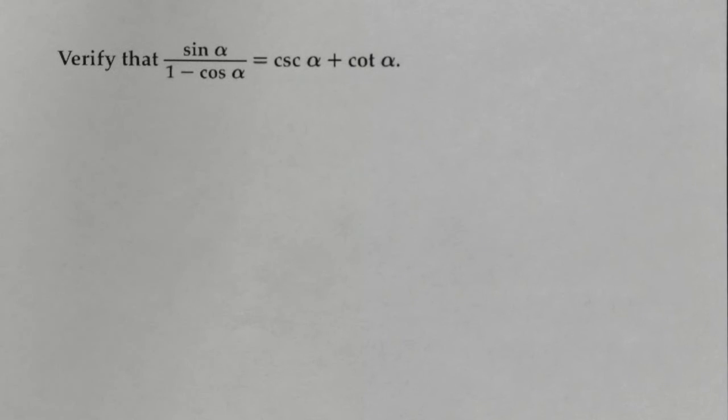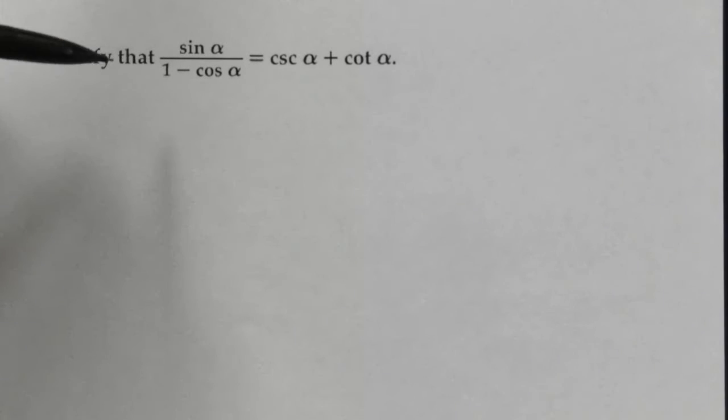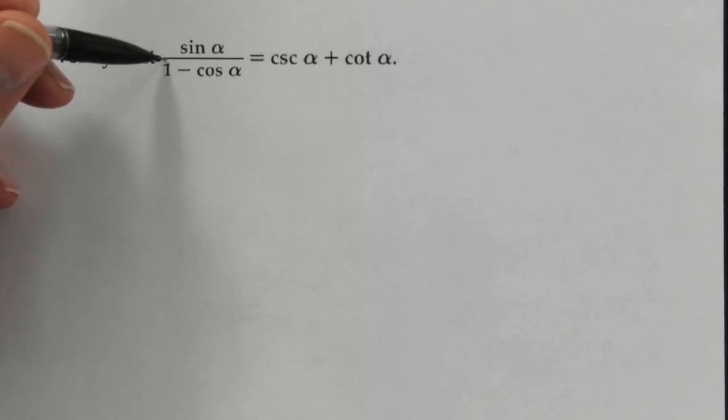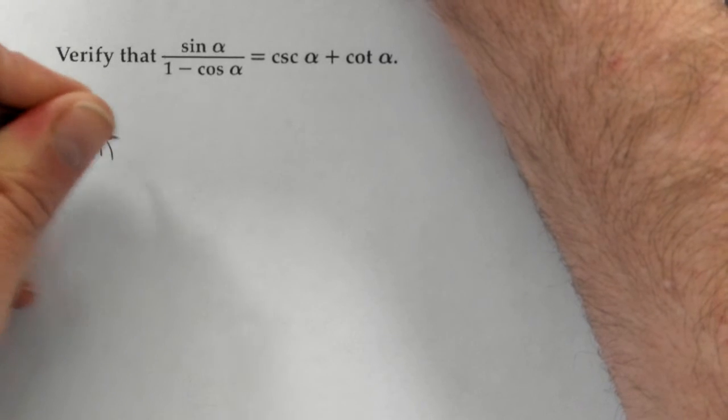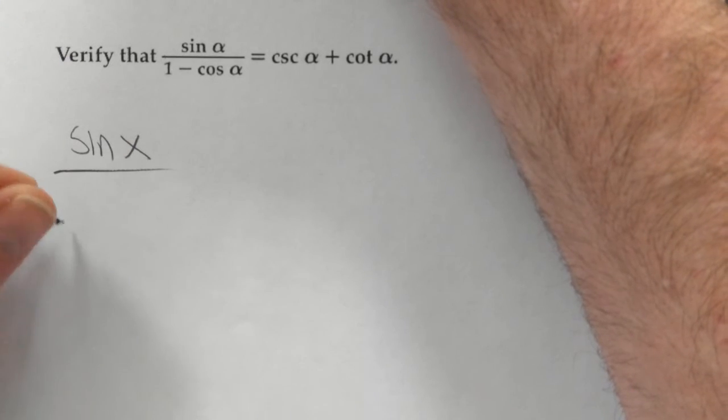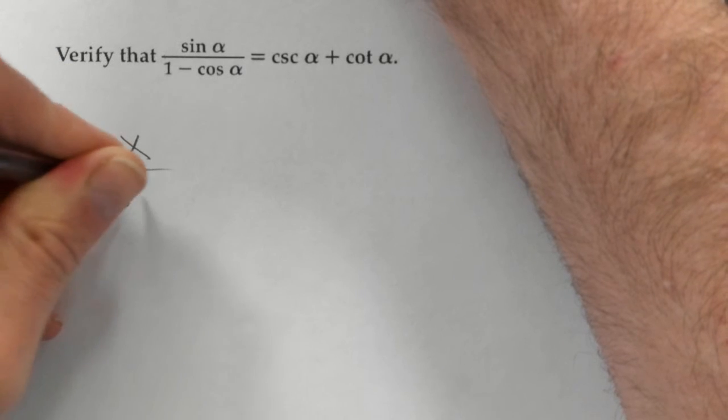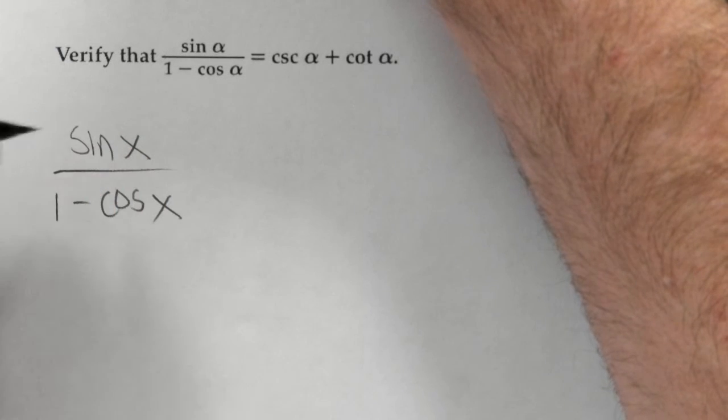All right. One more for us to try here. So let's start with this side of the equation. So we'll go with sine of x over 1 minus cosine of x. And so let's see here.